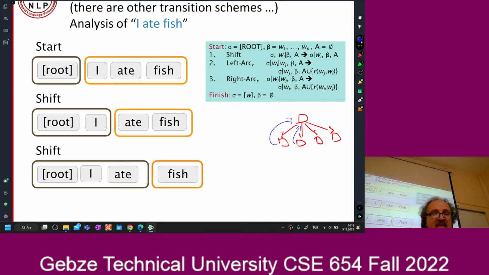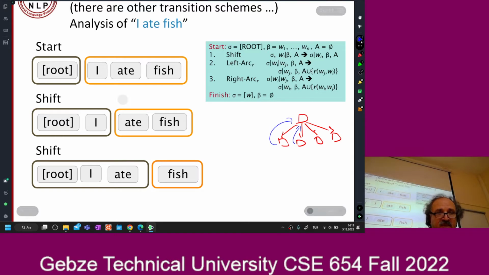The other possibilities are left arc or right arc, but in this case I am not going to do that. How do I know whether I should shift or reduce? I will talk about that in a few minutes.